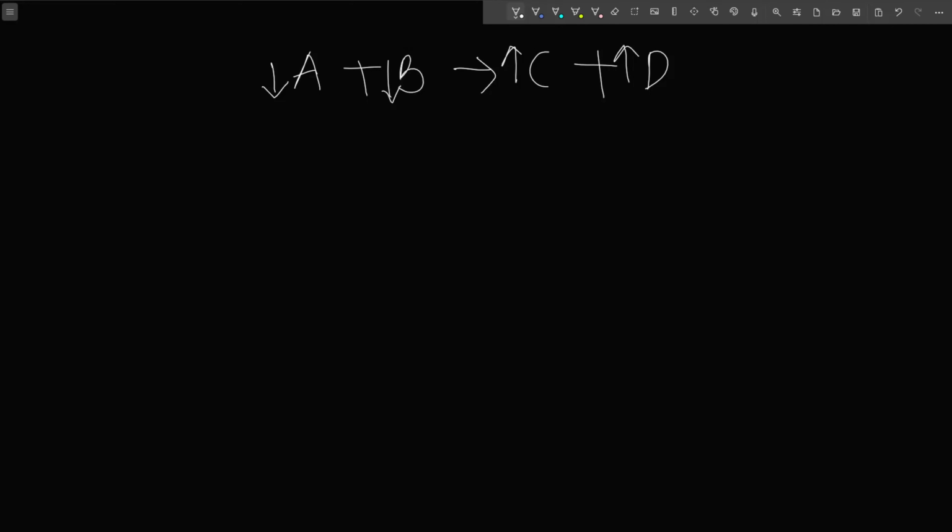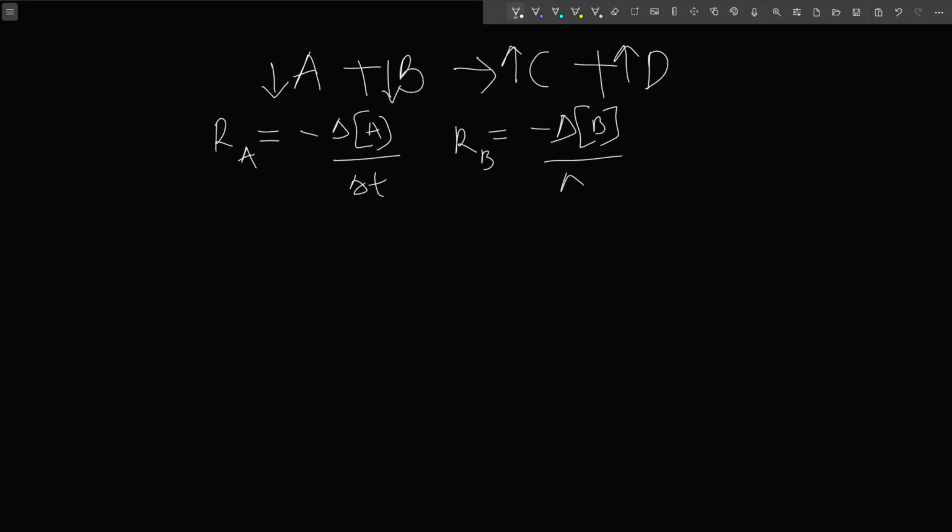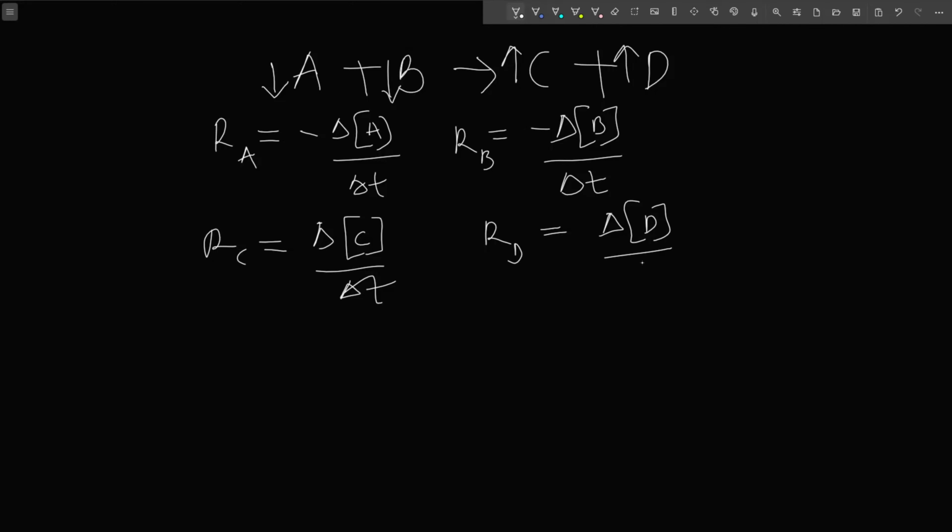So what will be the rate of disappearance of A? It will be minus change in concentration of A over change in T. The rate of disappearance of B will be minus change in concentration of B over change in T. The rate of formation of C will be change in concentration of C over change in T, and the rate of formation of D will be change in concentration of D over change in T.